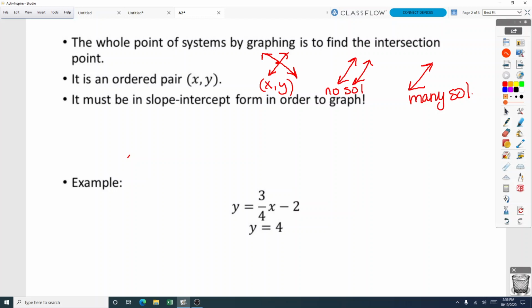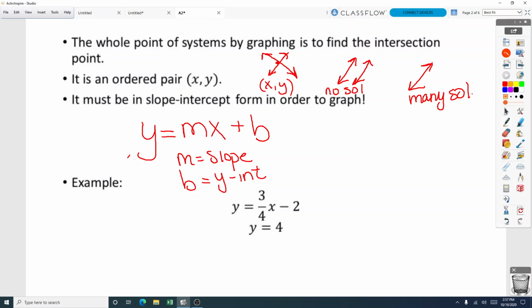Now, in order for us to graph today, remember it must be in slope-intercept form. We did that Thursday, so we're going to do that again today. Slope-intercept form is y equals mx plus b. Our slope is the m, and our y-intercept is the b.